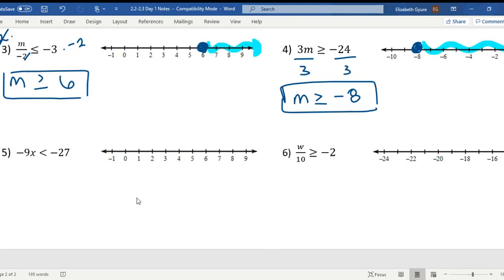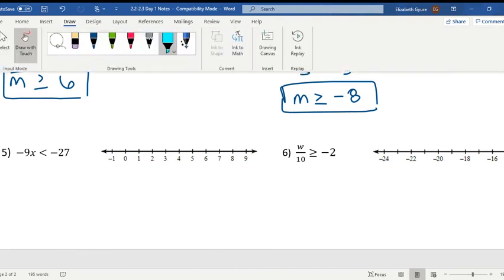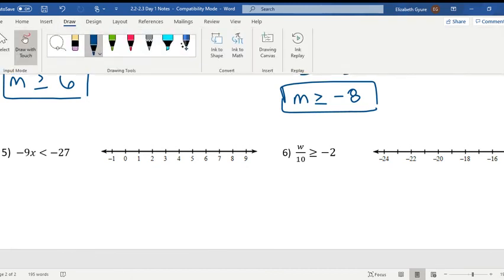Hannah, what opposite operation am I going to do for number 5? It is a less than. What should I do to get rid of the negative 9, though? Do I want to multiply, divide?